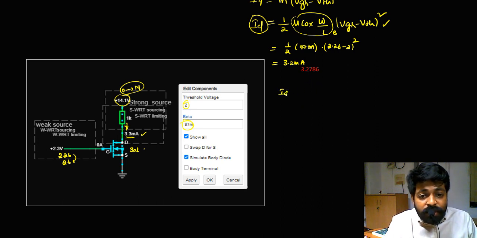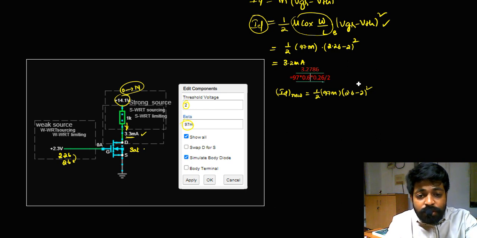The new drain current will be 97 milli times (VGS minus VTH) squared. VGS is nothing but 2.6 minus 2, squared. If I do the calculation, 0.26 is now changed to 0.6, 0.6 times 0.6.